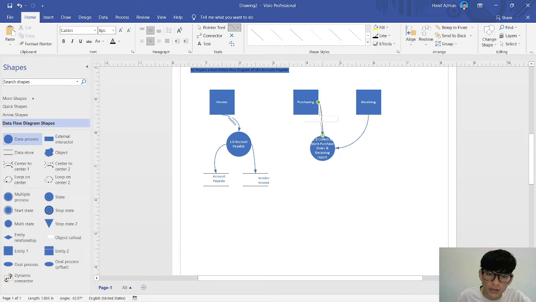And this is a purchase order, and here is a receiving report. And I will put a data store here, and also here.